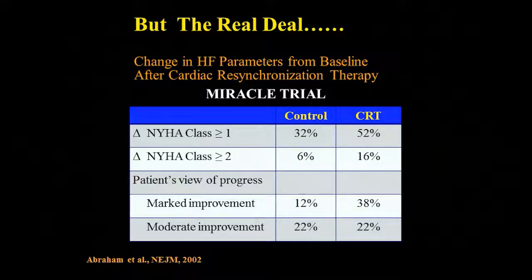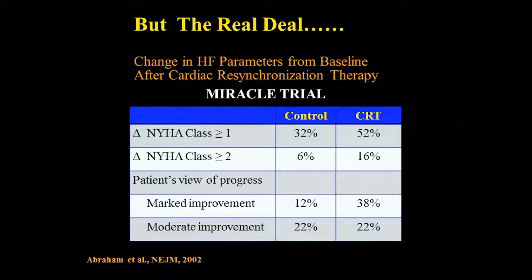But the real deal is if you look at the data from the Miracle trial, which was a trial of CRT in patients who had heart failure, only about 50% of the patients improved their symptoms by 1 NYHA class, and profound improvement by 2 NYHA class only happened in 16% of the patients.